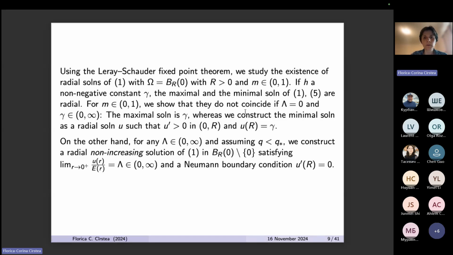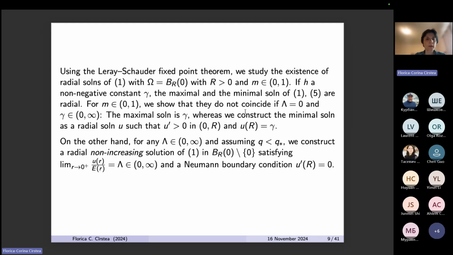And what happens is that if you take, for example, h a non-negative constant, the minimal and the maximal solutions, in this case, when m is between 0 and 1, are radial but do not necessarily coincide. That is the question when m is between 0 and 1. And we give examples.